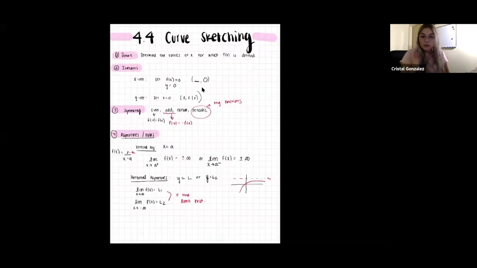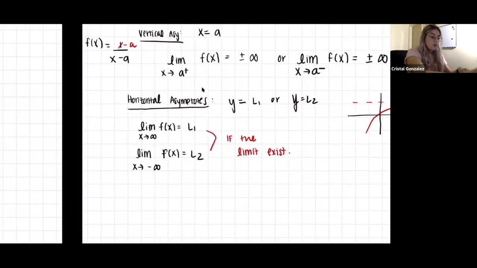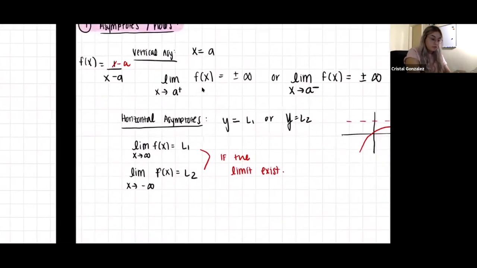So basically, you can use a little bit of calculus in order to determine whether you have horizontal asymptotes, because we want to know what's happening in the long run as x goes to infinity. And we want to know what happens in the long run as x goes to negative infinity.